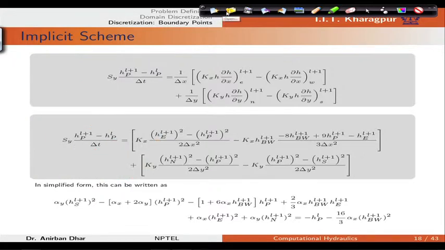So, further, if we discretize this, or if we write it in a functional format, then we need to transfer the terms on the right hand side to the left hand side, so that we can write it as equal to 0.